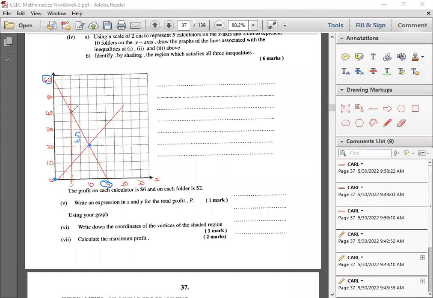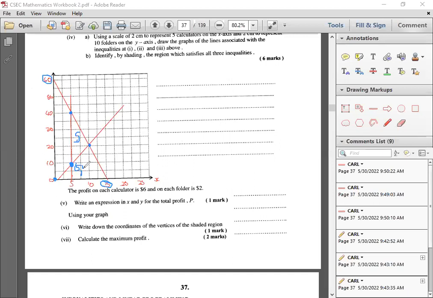The next thing to do is to write down the coordinates of these 3 points. So write them down for me. I got (5, 10), (10, 20), and (5, 30).